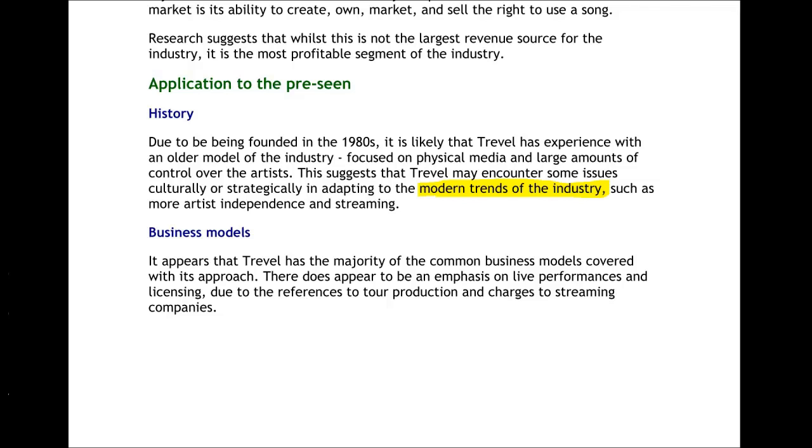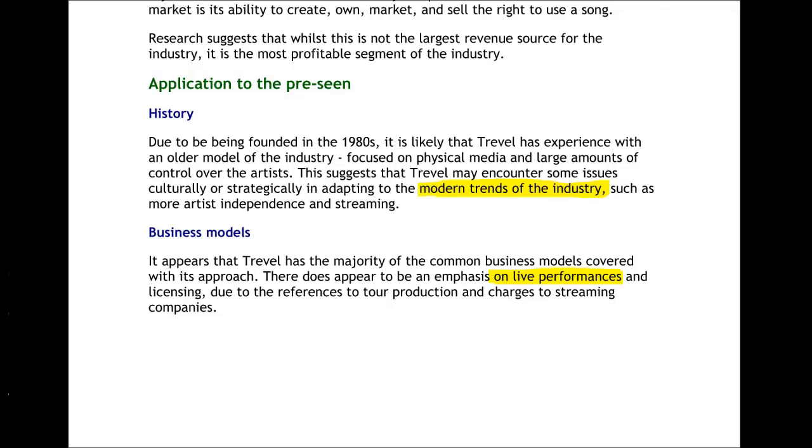So actually, in this case, we see that Trevel may need to diversify into live performances, because whilst we have these advances that are being paid to artists to get them to go to live performances and to promote their albums, Trevel are largely detached from that. They're just providing the money to do so if necessary.